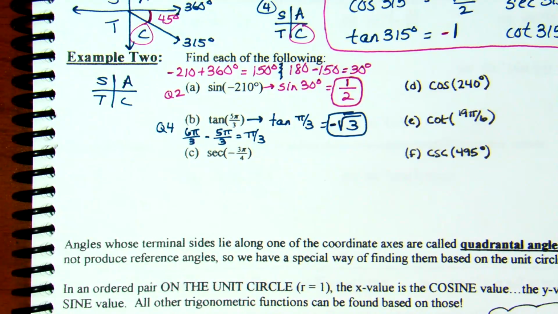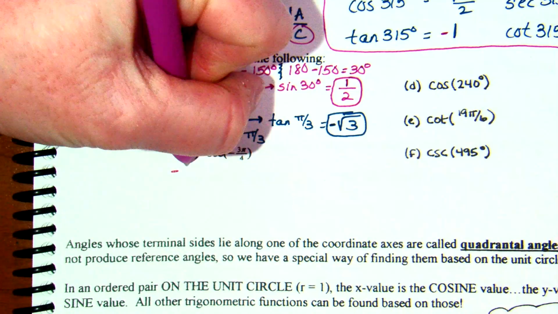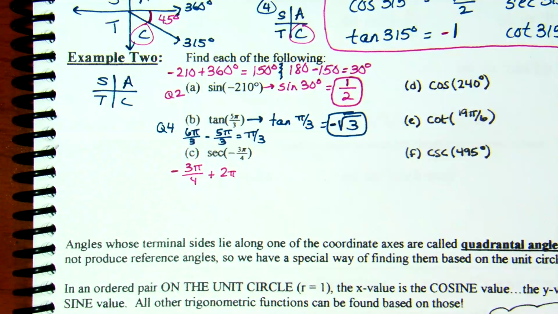Now, mathematically, how do I do this? Take negative 3 pi over 4 and add what to get a positive number if you want it? Add 2 pi. So if I take negative 3 pi over 4 and I add 2 pi. What is 2 pi in terms of fourths?